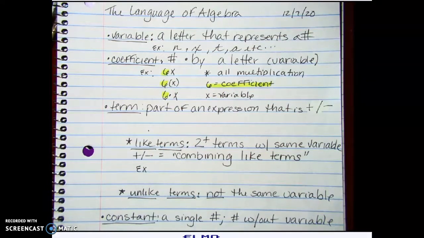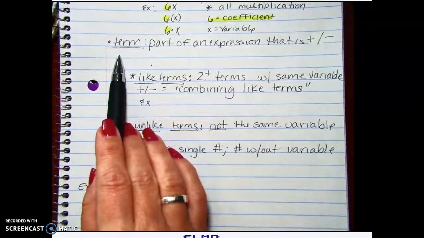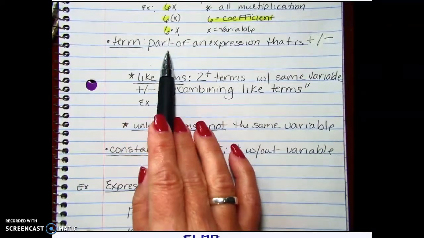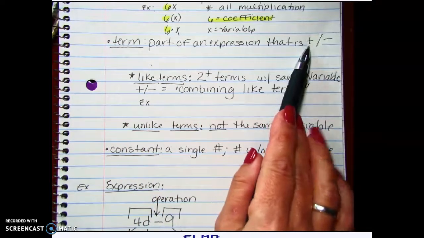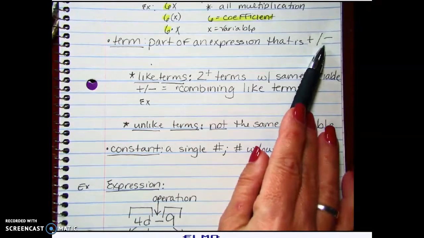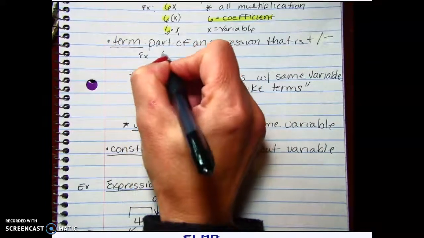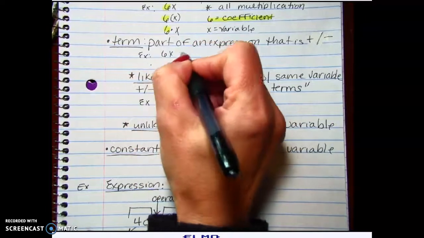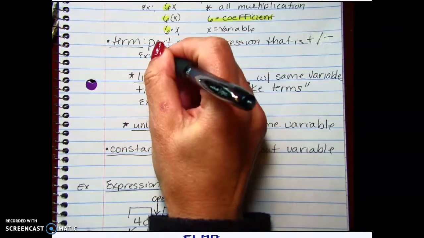The next definition is for the word term. Term means part of an expression that is added or subtracted. So for example, if we take 6x plus 3, guess what's a term?